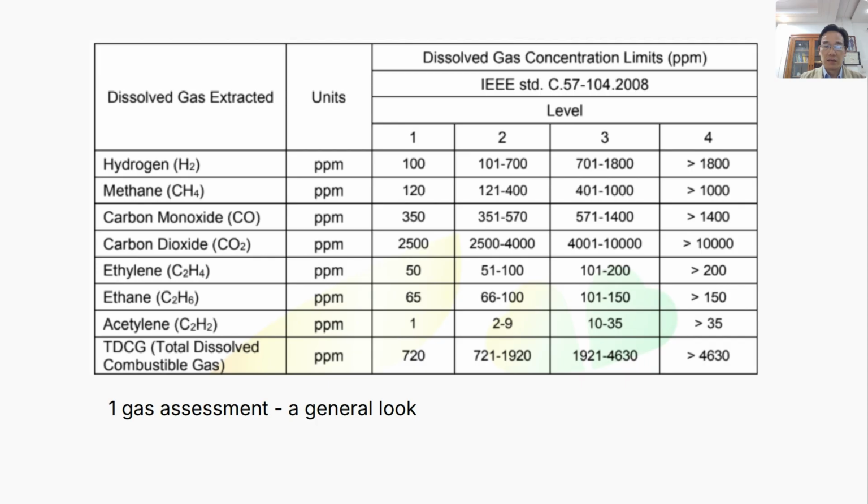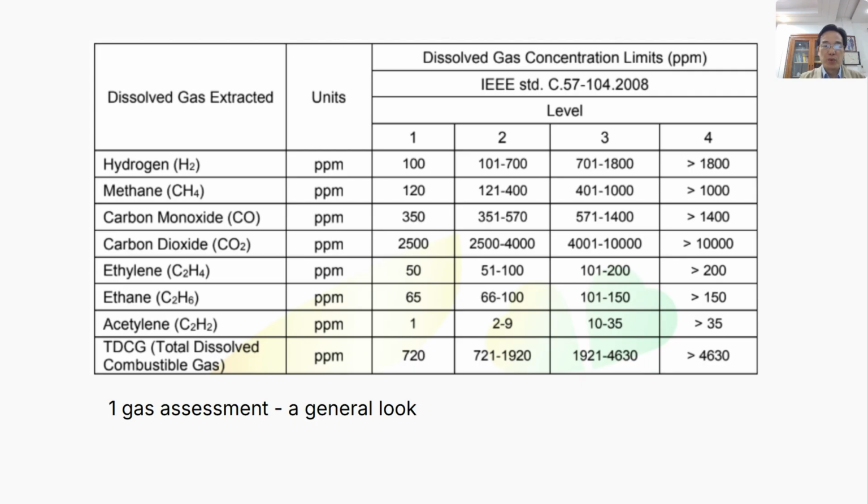Then the absolute limit of the gas content in oil is here. But one more important thing is how the content of the gas has increased compared to the last analysis.